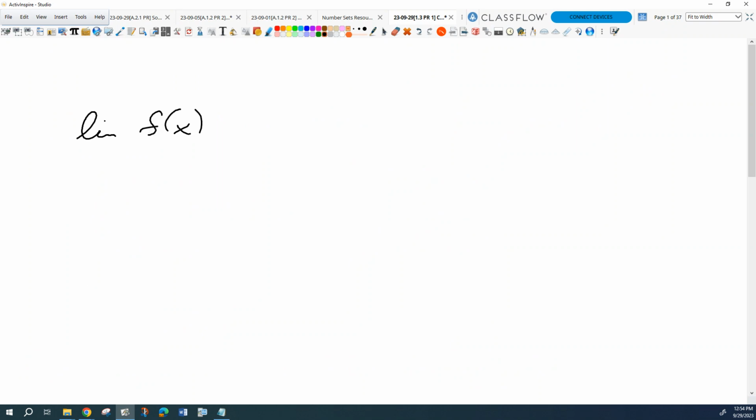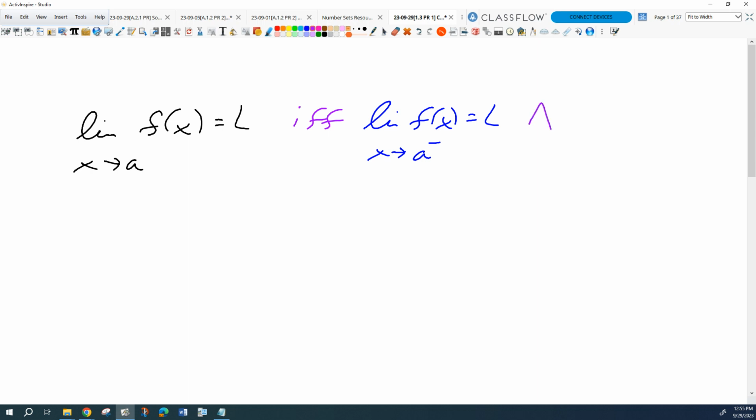The limit of f of x as x approaches a equals L if and only if the limit of f of x as x approaches a from the left equals L, and the limit of f of x as x approaches a from the right equals L. Remember what we said: the two-sided limit exists if and only if each of the one-sided limits exist and agree.